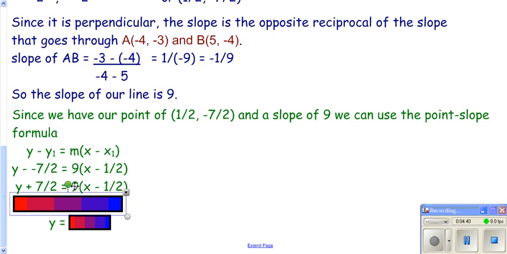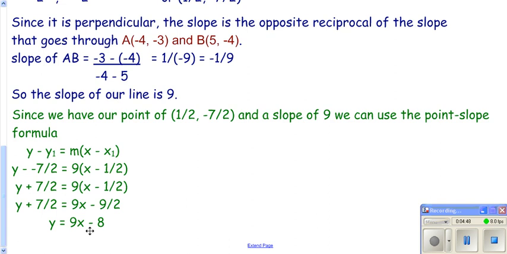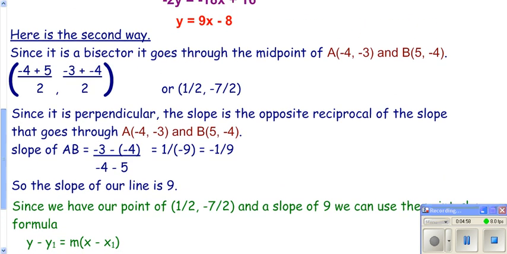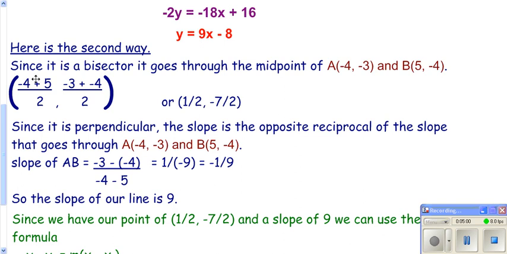You get rid of your parentheses by distributing through your 9. Then you'll have to subtract a 7/2 from both sides. And so then you end up getting y is equal to 9x minus 8, which happens to be the same answer we had doing it the other way.